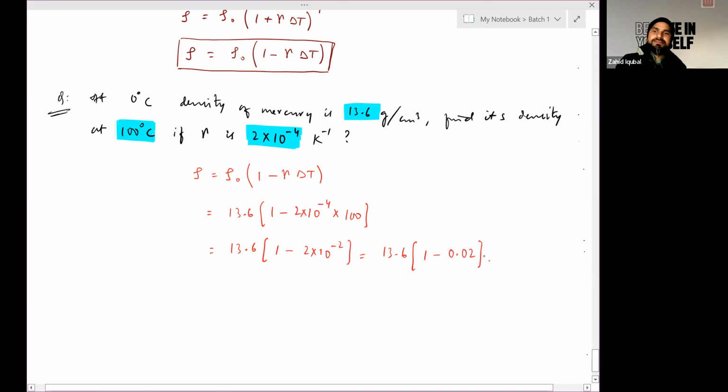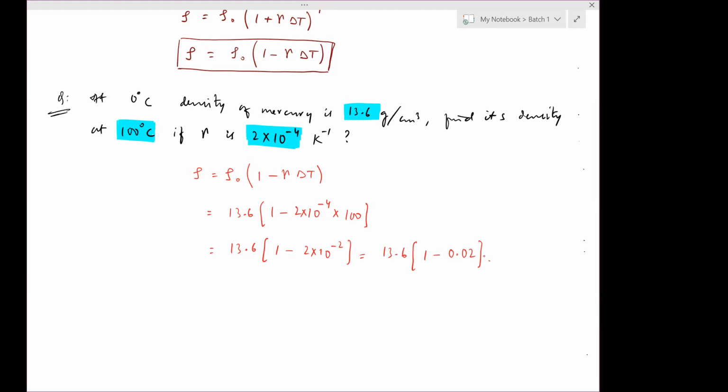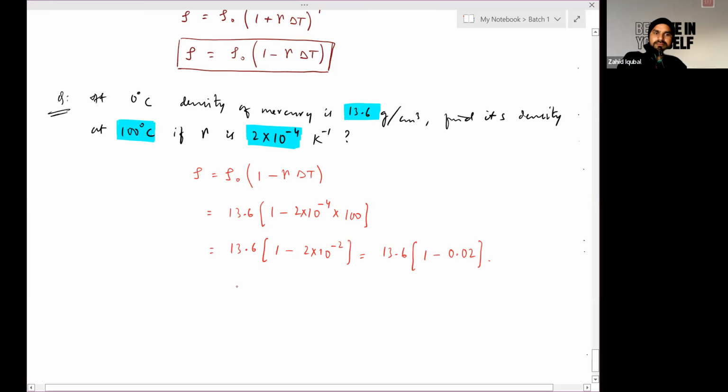Hamza, is it clear? Yes, sir. So 1 minus 0.02 will be 0.98, so 13.6 into 0.98. On multiplying, I think you will get 13.32 something. So it will be 13.3 gram per centimeter cube. So this will be our final answer at this temperature change.